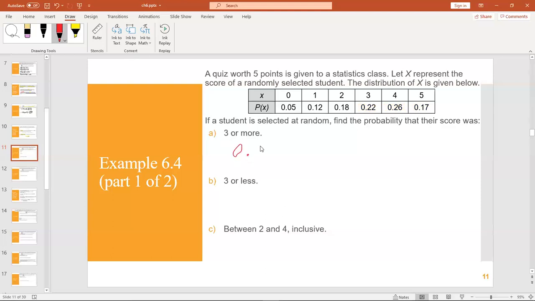That is that probability. All right, the probability of 3 or less. So again, we're including 3 or everything that is less than that. So we're going to add up all of those values right there. 0.22 plus 0.18 plus 0.12 plus 0.05. That gives you a grand total of 0.57.